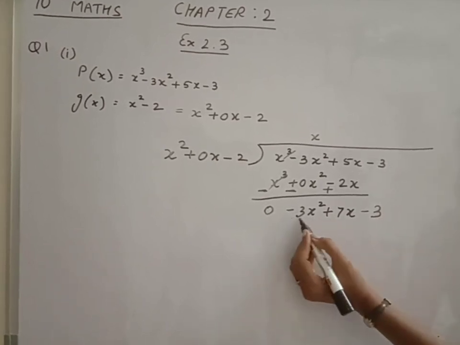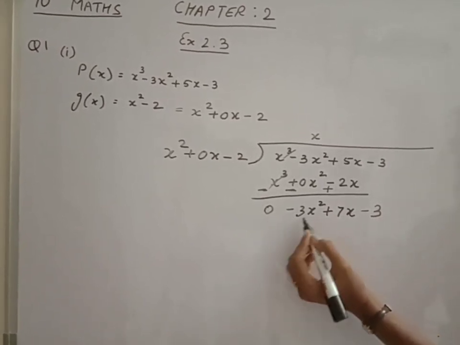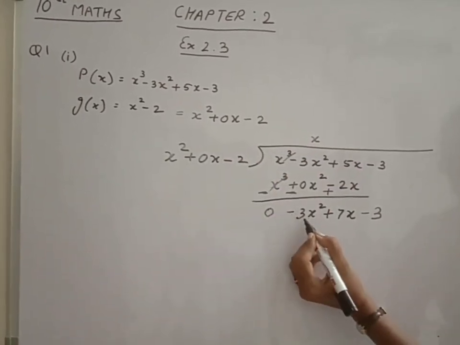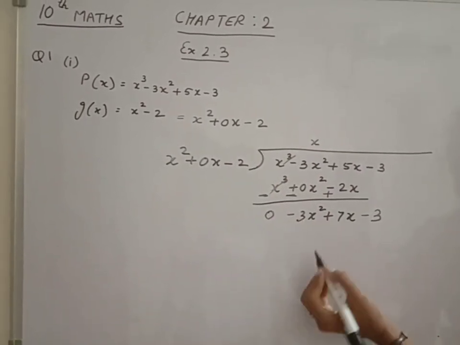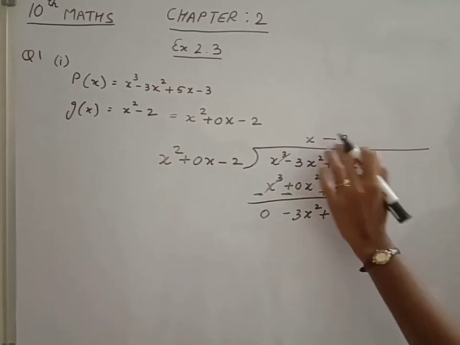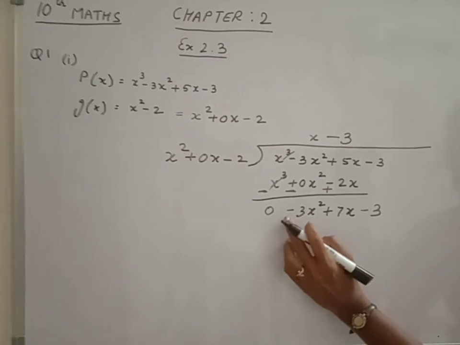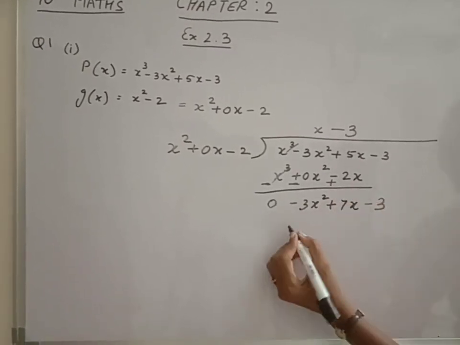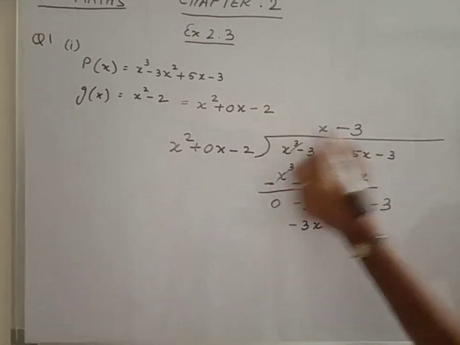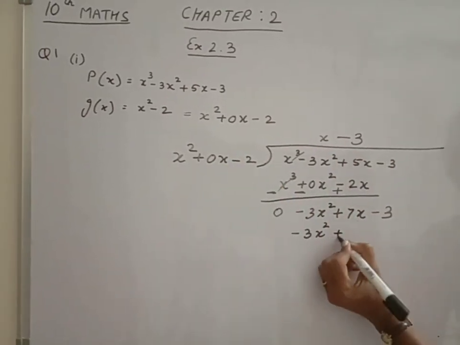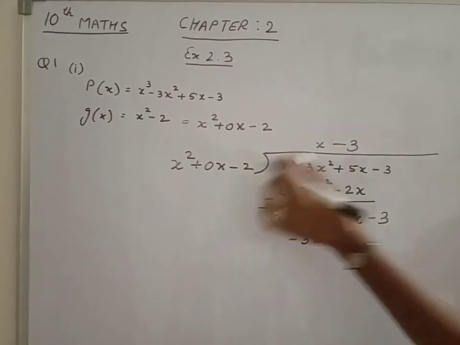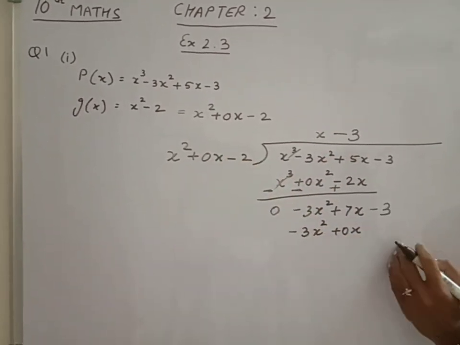Now what should be multiplied with x square so that I get minus 3x square? Obviously minus 3, because minus 3 into x square is minus 3x square. Again, minus 3 into 0x, so let's write 0x, because minus 3 into 0x will be 0x.